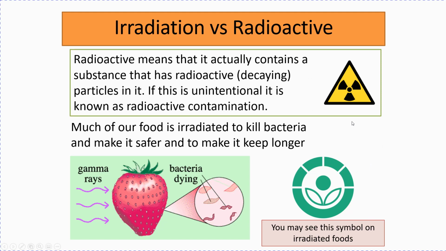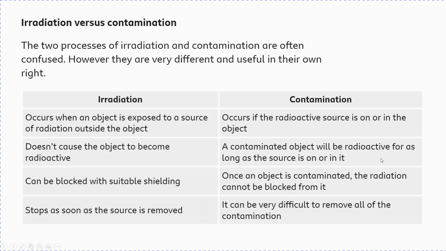Radioactive means that it's got this substance that's got radioactive particles in it. If it's unintentional, so if it's unwanted, then it's contamination. Irradiation tends to be purposeful. So you've got a comparison here of the two ideas. Irradiation is when it's exposed to a source outside of the object.